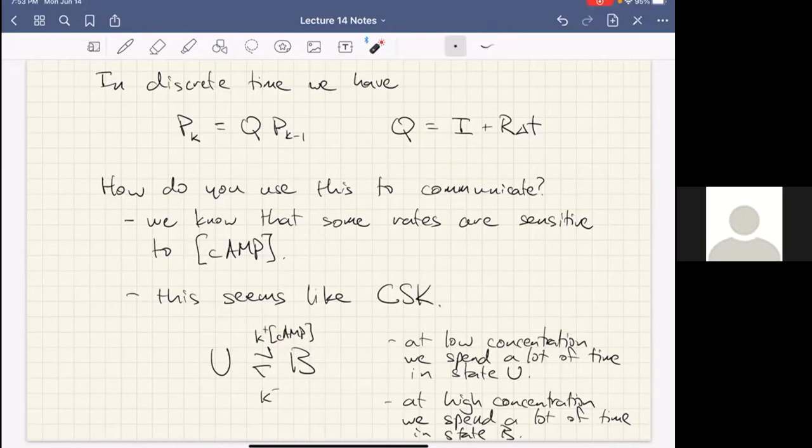High concentrations, you'll see a different one. Basically, at low concentration, I'll look at a receptor and see what probability it has of being either U or B, and perhaps that's a 0. If you detect U, maybe you detect a 0, and vice versa. If it's bound, then maybe you'll detect a 1 at high cAMP concentration. This is just an example of a way in which you could design a modulation scheme for cAMP using a signal transduction system.